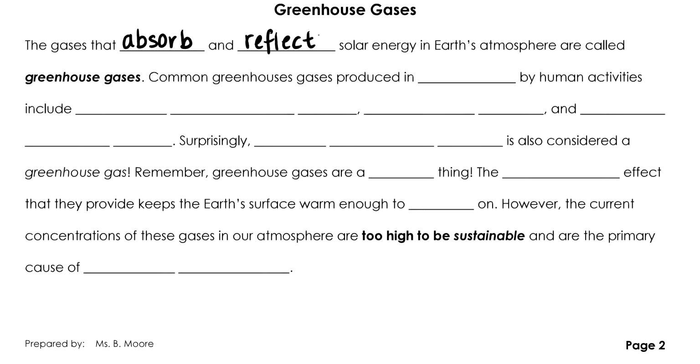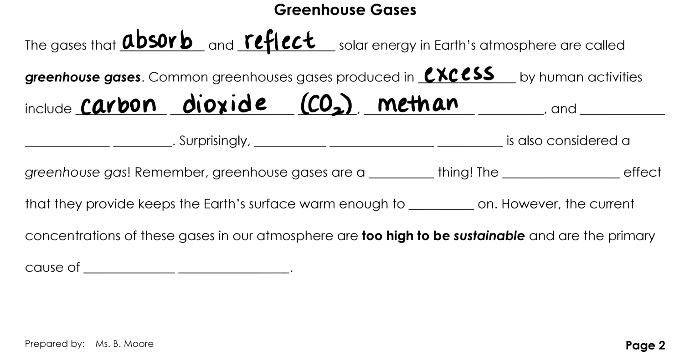Common greenhouse gases that are being produced in excess by human activities include carbon dioxide, or CO2, methane, or CH4, and nitrous oxide, or N2O.